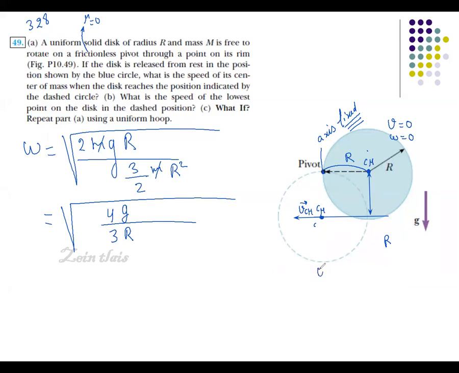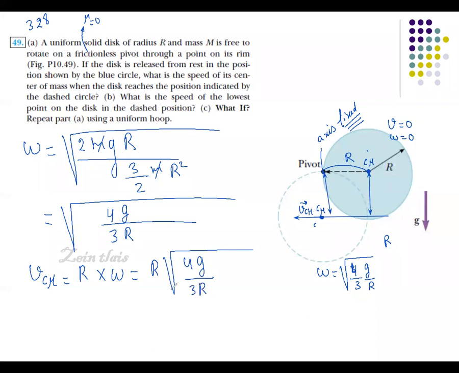At this position we have omega equals the radical of 4/3 g divided by R, so VCM equals R times omega, because we have a rotation about this axis with radius R. So VCM equals R times the radical of 4g divided by 3R, and putting R inside, we get the radical of 4gR divided by 3.